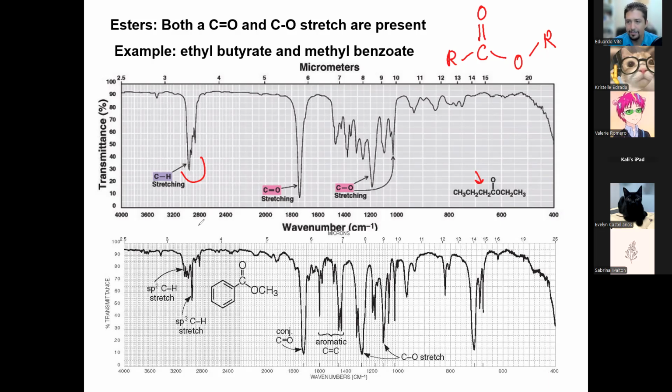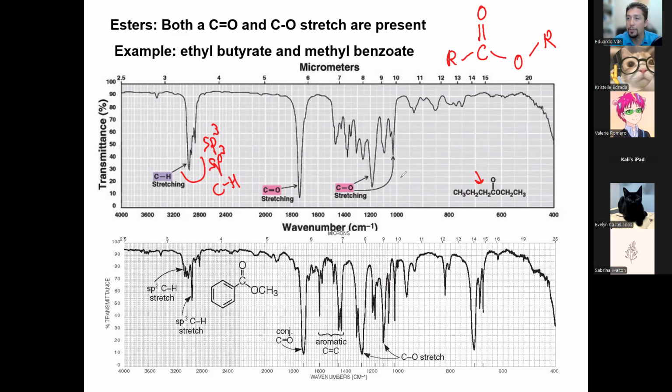Yep, alkanes, right? And look at your structure, right? There's no double bonds except for the carbonyl. So this is an sp3 CH stretch. That's supposed to say sp. Sorry about that. Yeah, sp3 CH stretch. That's always there. You need to be able to identify it and move on. Be like, okay, cool, it's there. That's not what I'm looking for though.